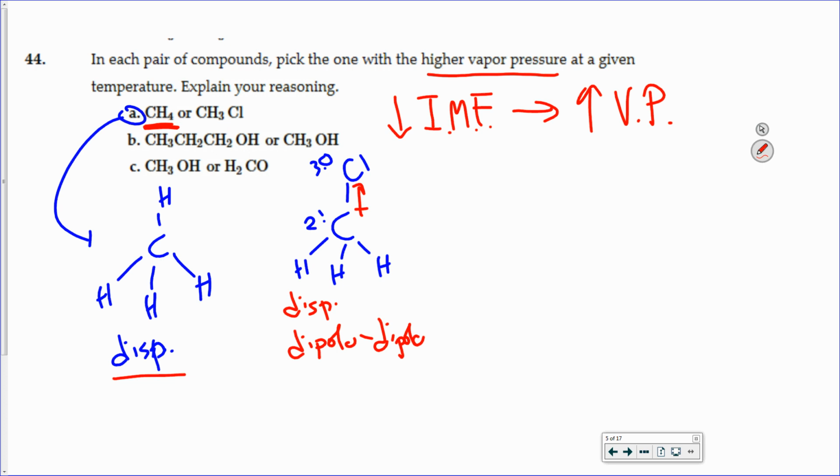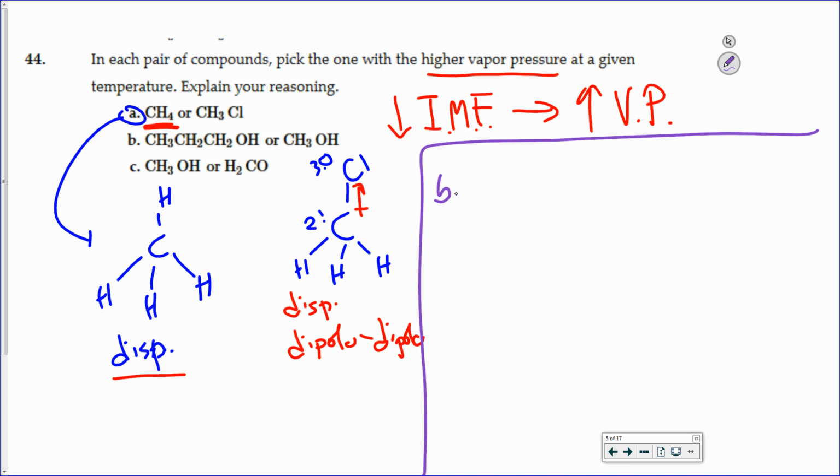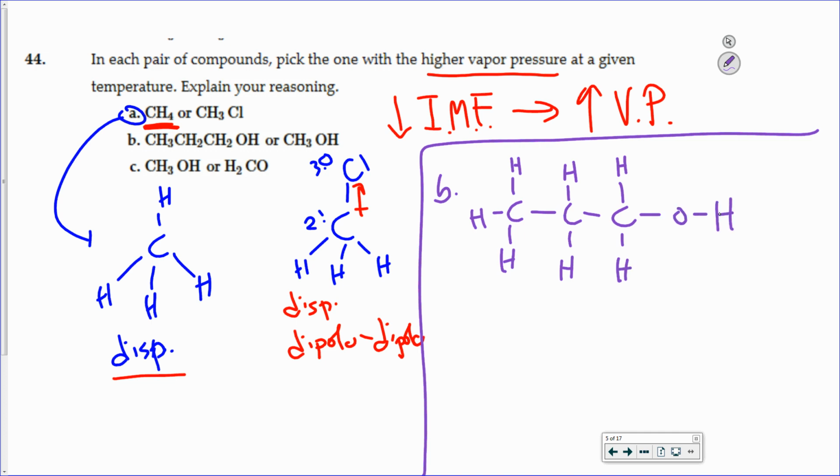All right, let's do B as well. So if we look at B, the two things are propanol. If I draw the structure out for propanol, there are 3 carbons in it. Versus methanol. We looked at this one just a moment ago.